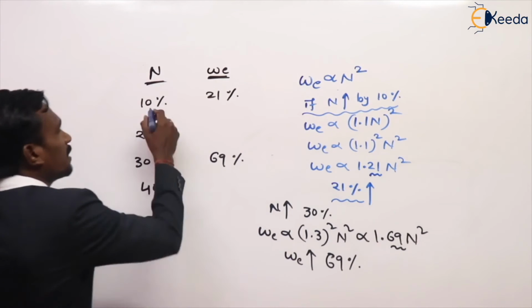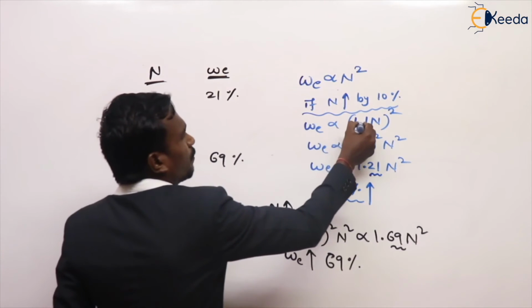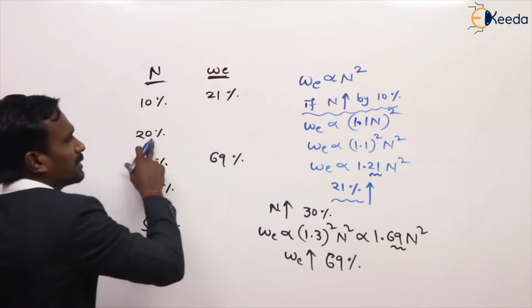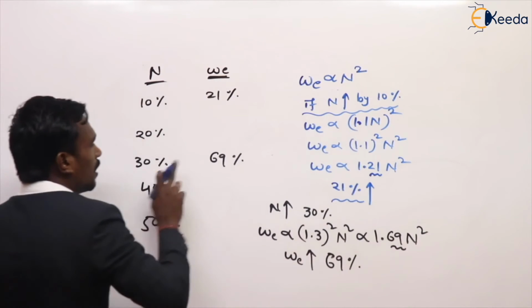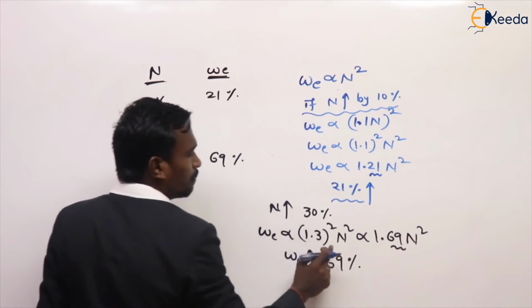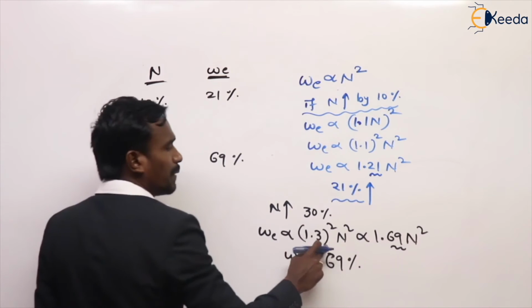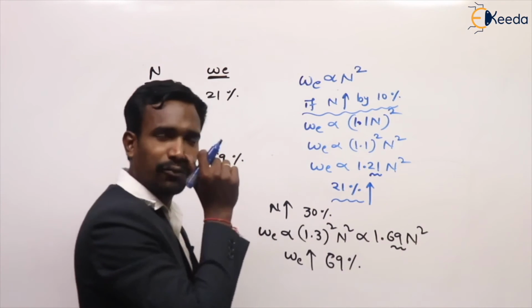Very simple. 10% increase, that's 1.1; 20% increase, 1.2; 30% increase, 1.3; 40%, 1.4; 50%, 1.5.